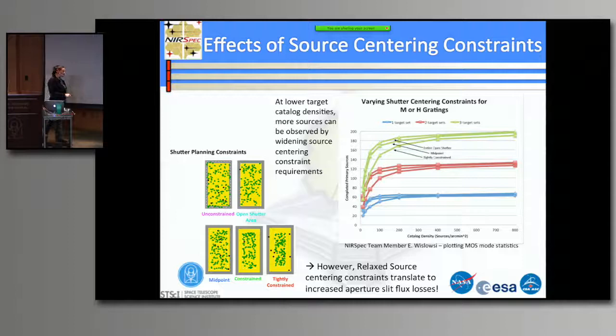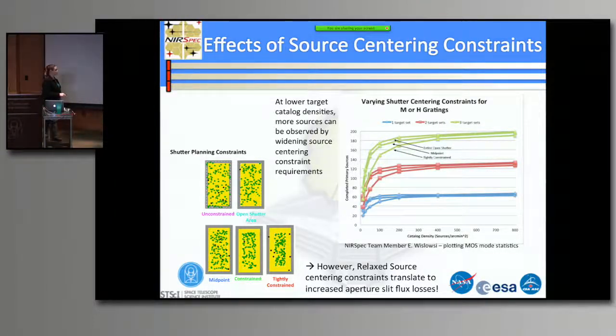The definition of tightly constrained is this: if you've got a perfectly centered source, this setting will place sources in an area of the shutter where you get 90% of the flux throughput compared to a perfectly centered source.